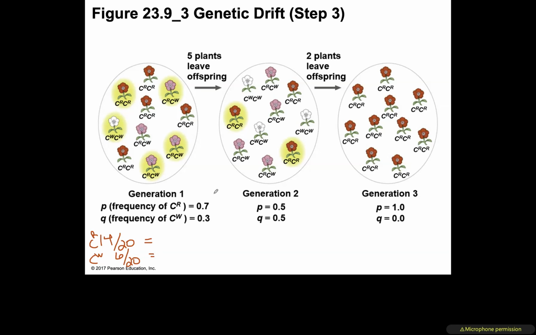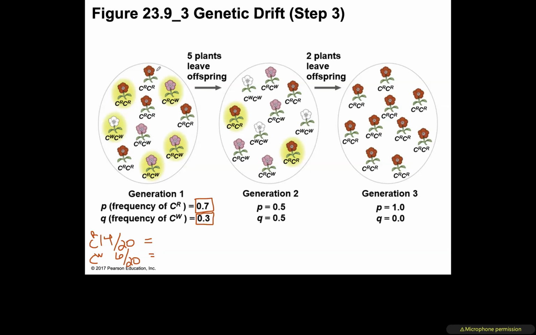So just go ahead and pick up your calculator. I will do the same right now. 14 divided by 20, look at that, 0.7. That's where they get the 0.7 from right there. And then do the math if you like. 6 divided by 20 is 0.3. And so that's where you get your 0.3 right here. But guess what? You really didn't have to do the math.